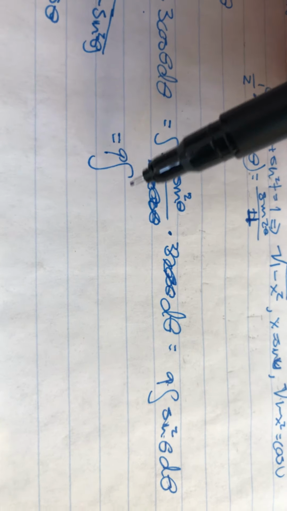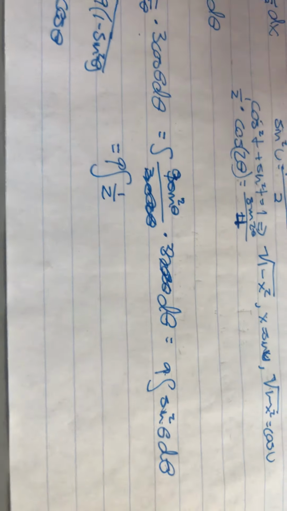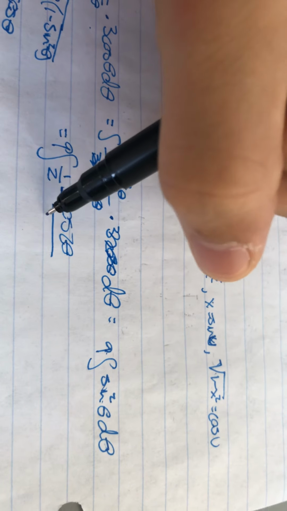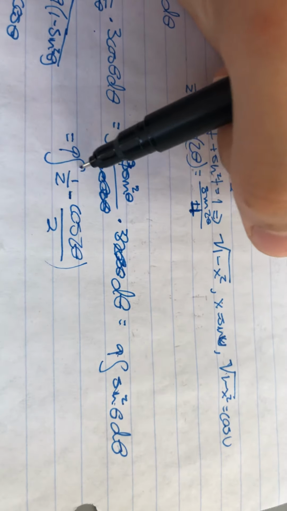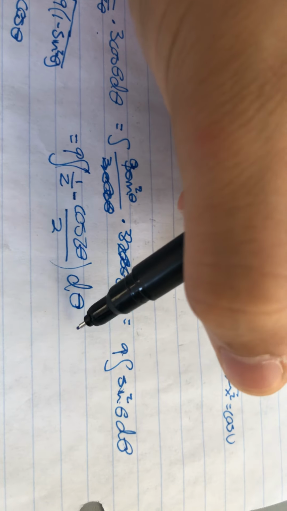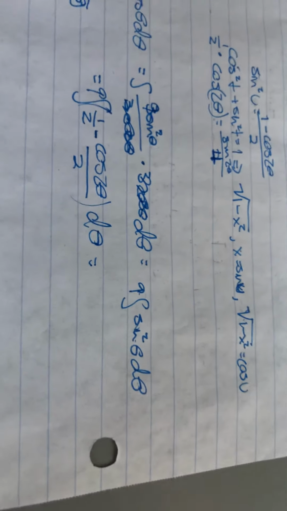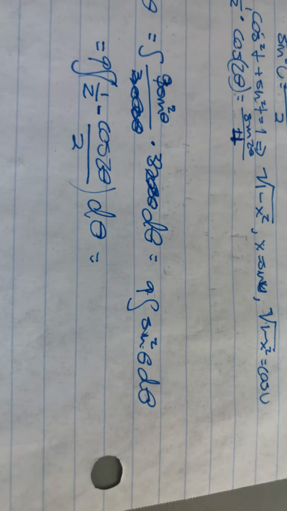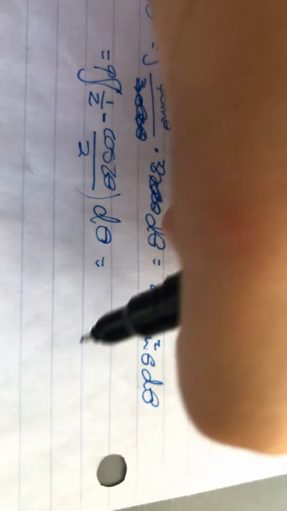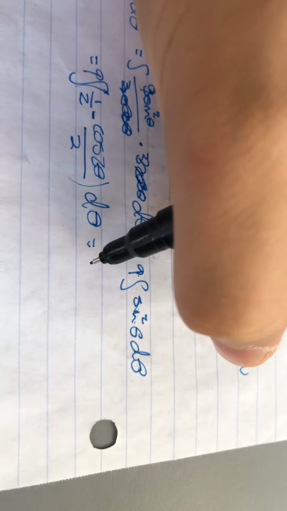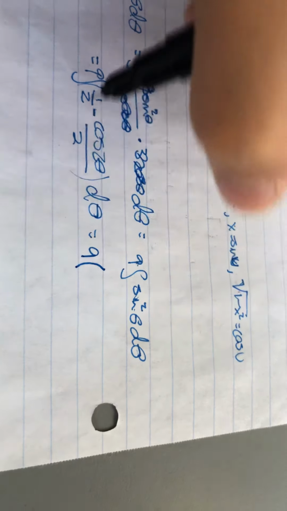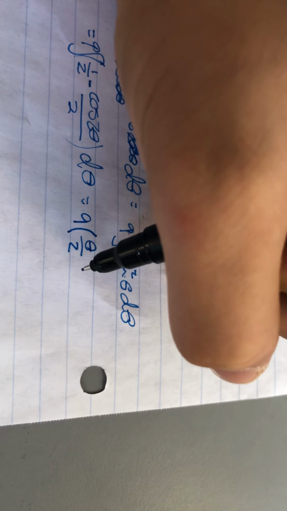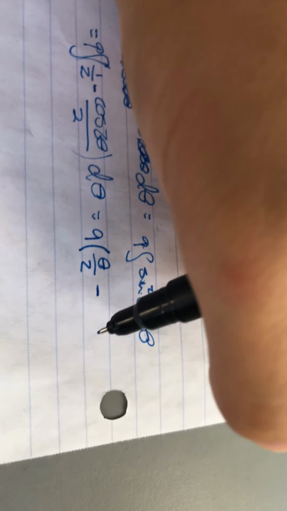So it's going to be 9 times the integral of 1/2 minus cosine of 2 theta over 2 d theta. What I'm going to do there is just evaluate each of these separately. So it's going to be 9 times theta over 2, since its derivative is 1/2, minus, and now I'm going to go over here.